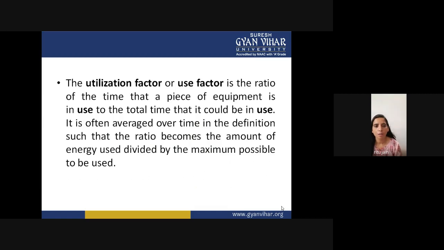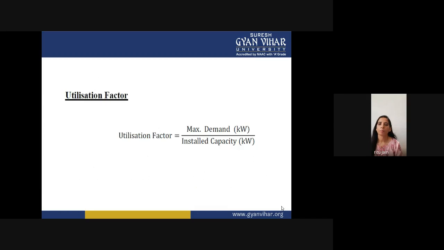We will take an example by which you will be able to understand the utilization factor. The formula for utilization factor is equal to maximum demand in kilowatt divided by installed capacity. For example, if a plant has a maximum demand of 100 kilowatt, and its installed capacity is 200 kilowatt, then 100 divided by 200 is always less than 1. Like this, we can easily calculate the utilization factor.